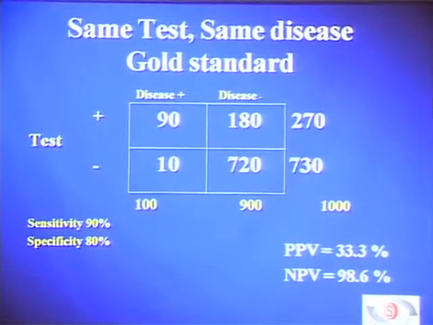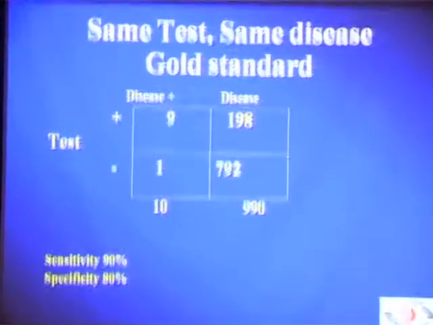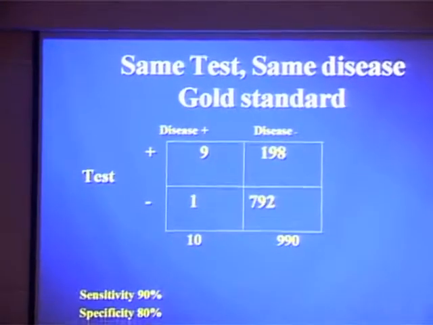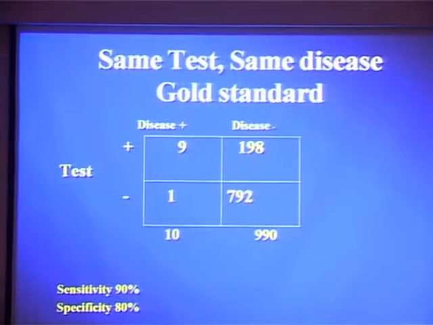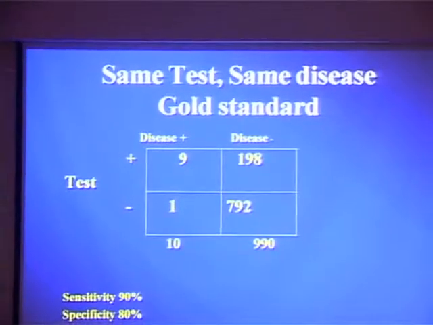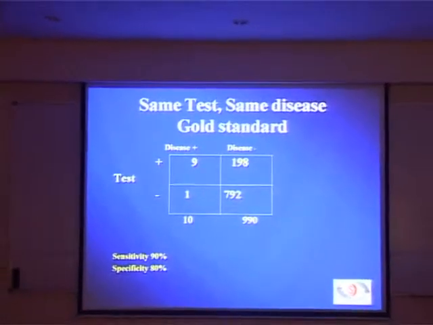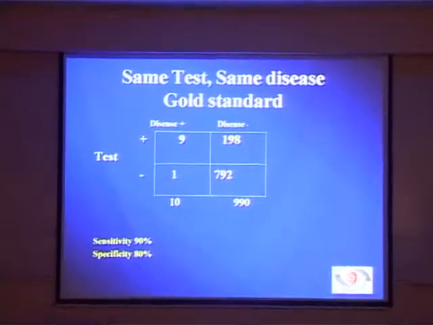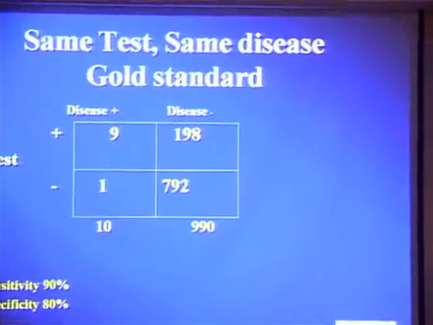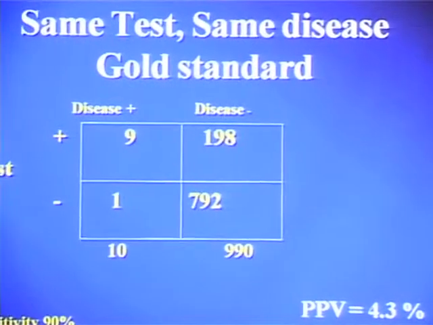Let's go to a third scenario, which is a real life scenario. If you go to a population, most diseases would have a prevalence around 1%, 2%. If you take glaucoma, it's around 3.5%, diabetic retinopathy 4%. None of the diseases would have a prevalence of more than 4 or 5%. At 1%, same test, same sensitivity, same specificity, the positive predictive value has gone down to 4%.